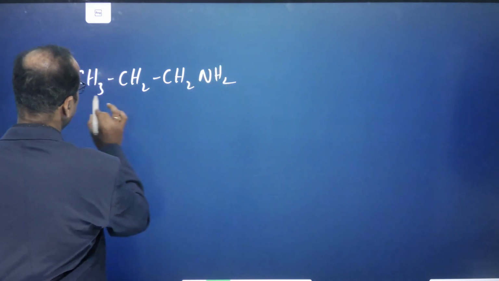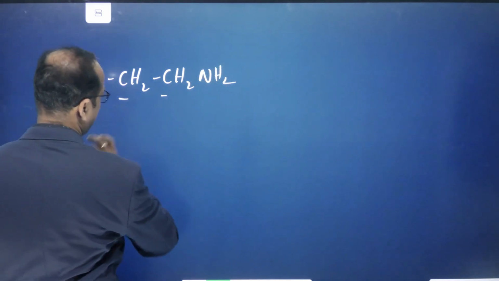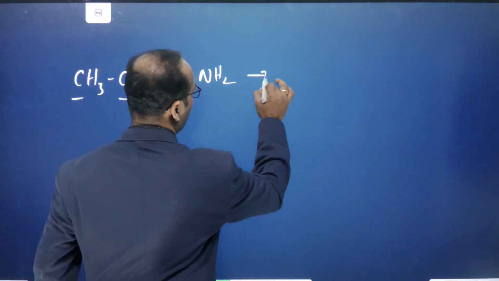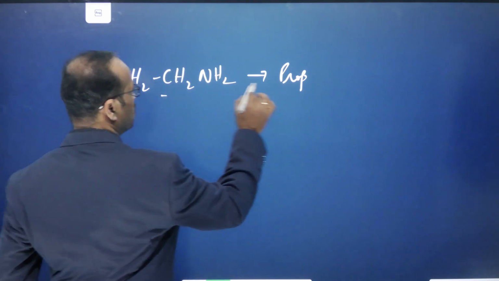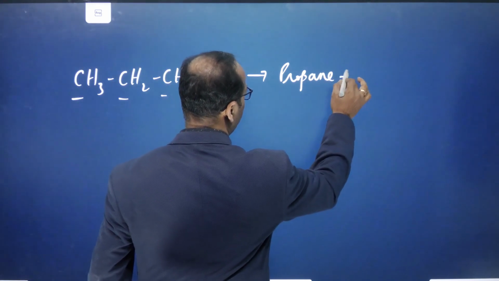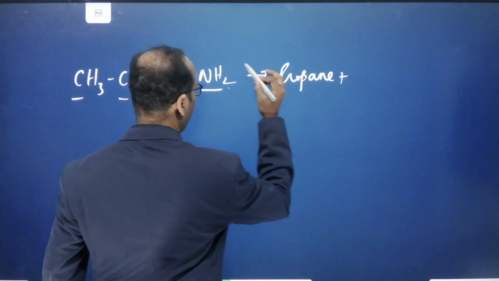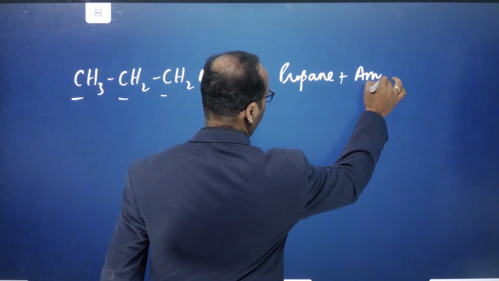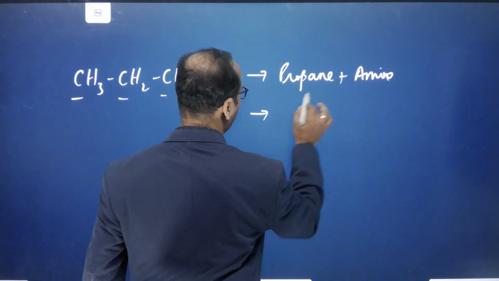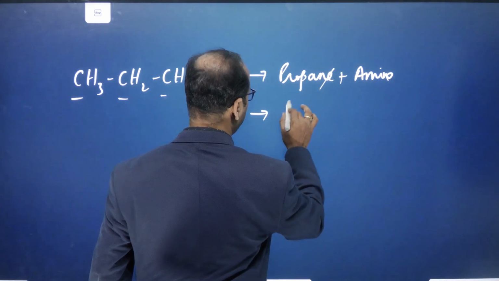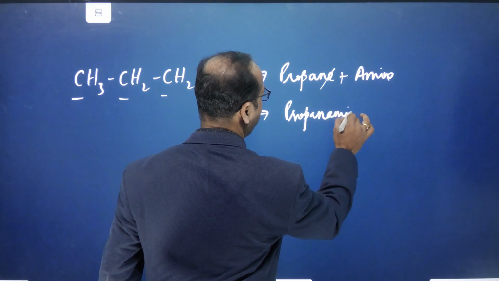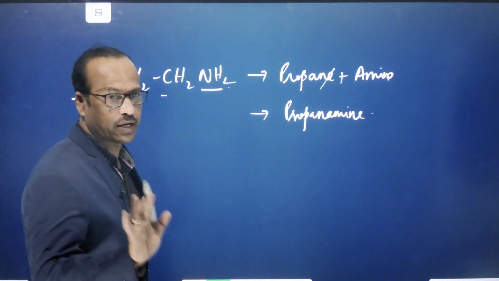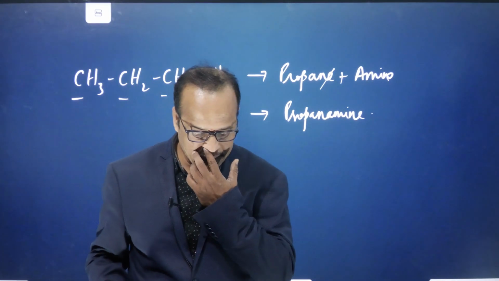Here how many carbons are there? 1, 2, 3 carbons. 3 is Prop, and all single bonds are there, so propane plus the functional group NH2, which is amine. Just drop the E, and this becomes propanamine. Like this you can write the names.